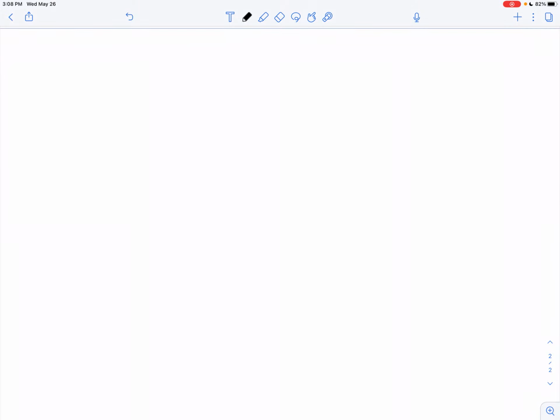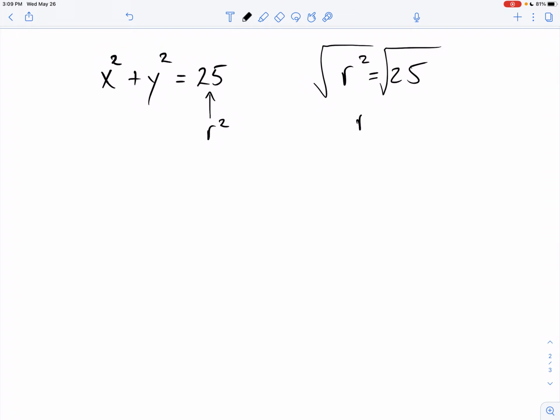So let's say they gave me something like x squared plus y squared equals 25. Well, that would mean that's the r squared part of the formula. So my radius would be 5 units.